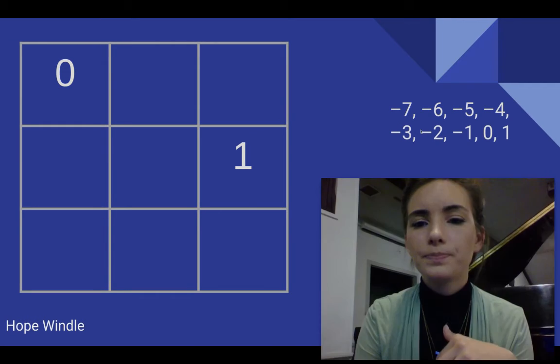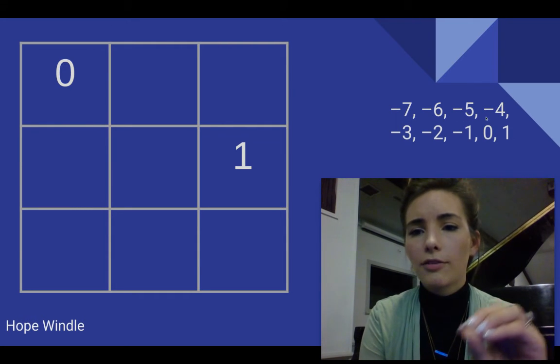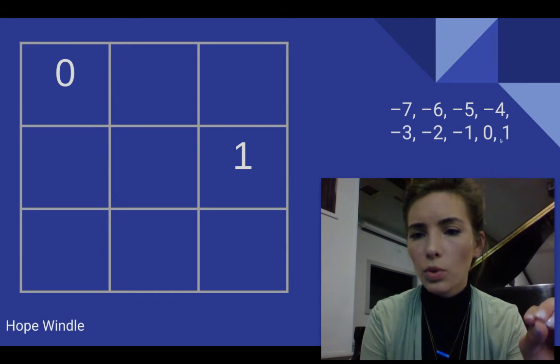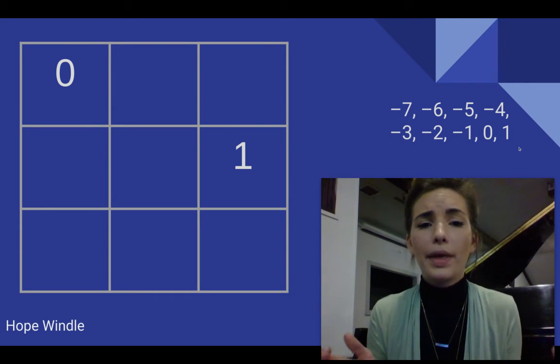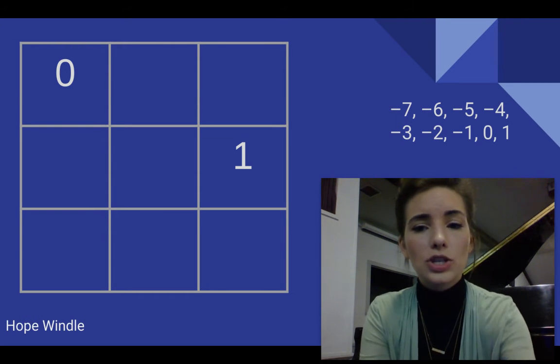We're going to say -7 plus -6 plus -5 plus -4, so this is going to be -28 plus 1, so -27. And then we know we have 3 boxes in each row and each column.